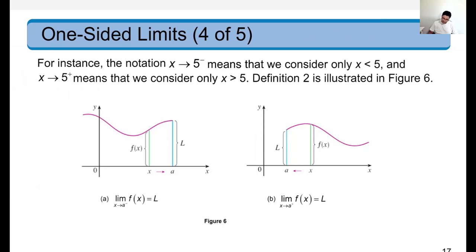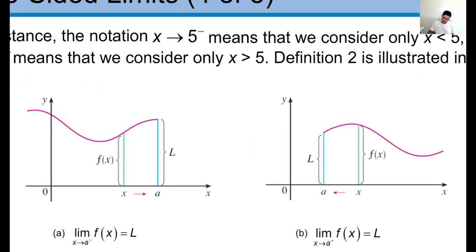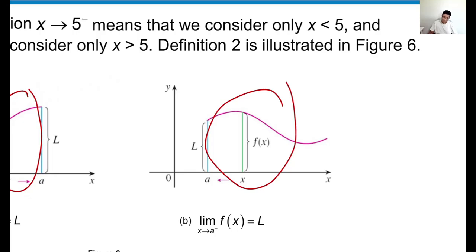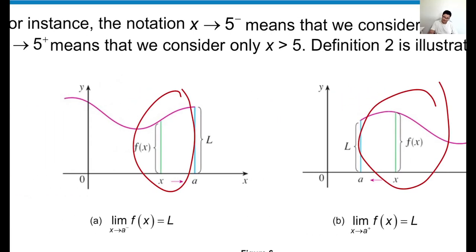And let us look at diagrams here to understand. For the left-hand limit you are looking on this side, and for the right-hand limit you are looking on that side, which basically means that what the graph is trying to show is that nobody cares about what is on the other side.